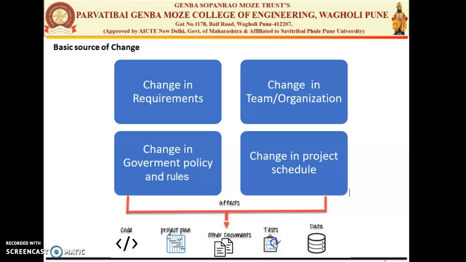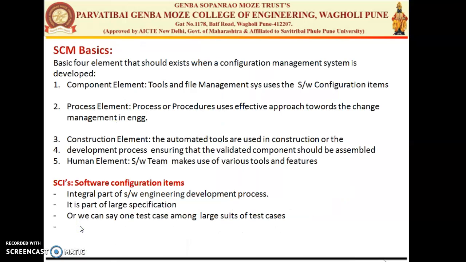Your test cases that are written for the particular software are affected, and the data which is collected also is affected. So any change in the above elements can affect the code, the project plan, the other documents, the test cases, or we can say the test scenarios, and the database. So there is a need to manage software configuration.